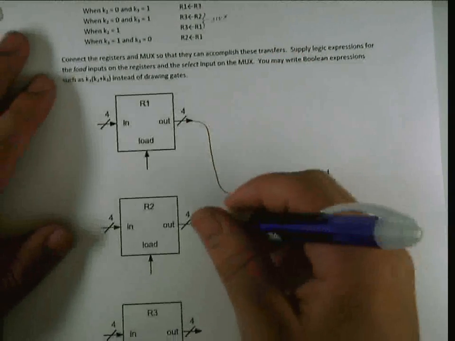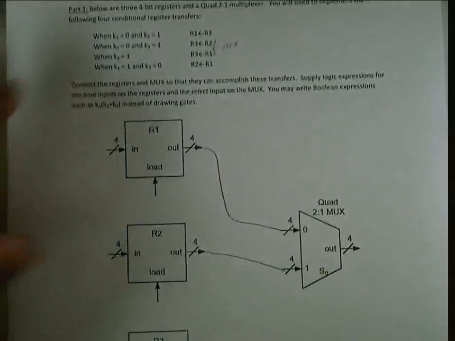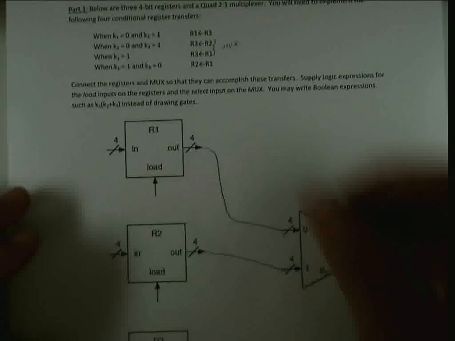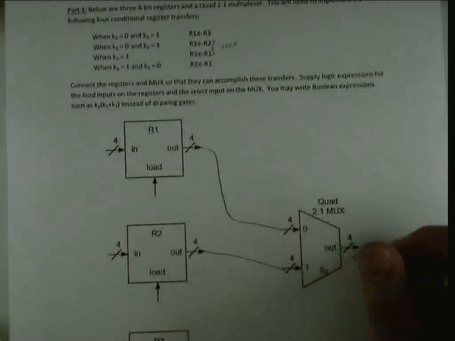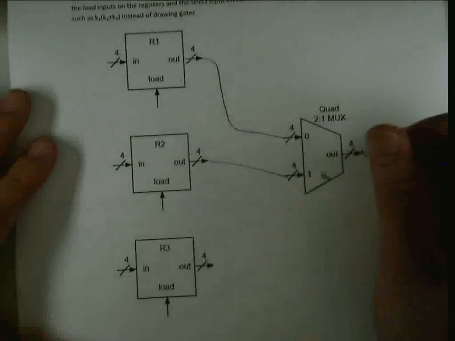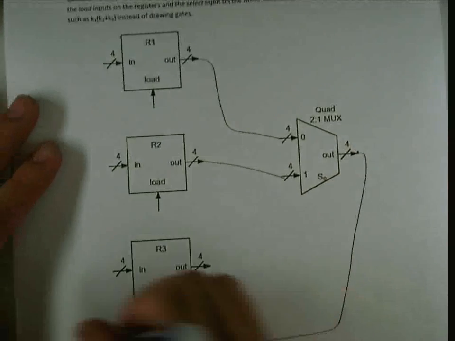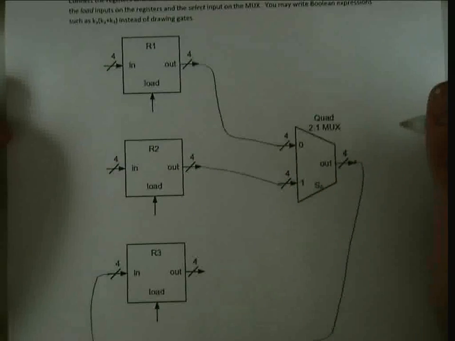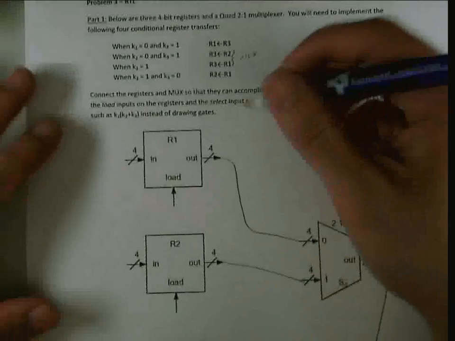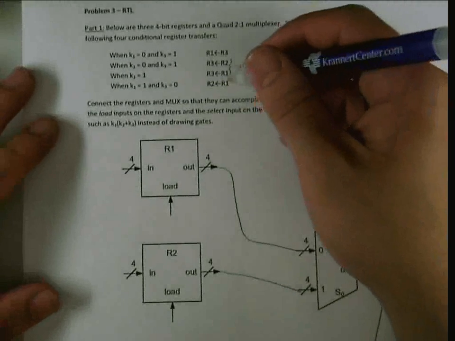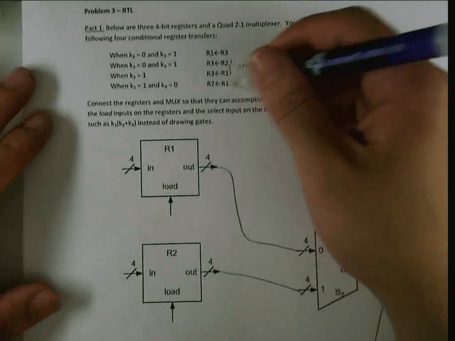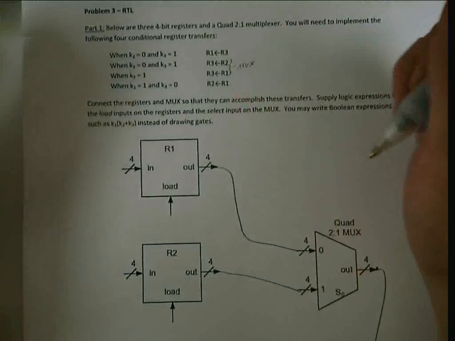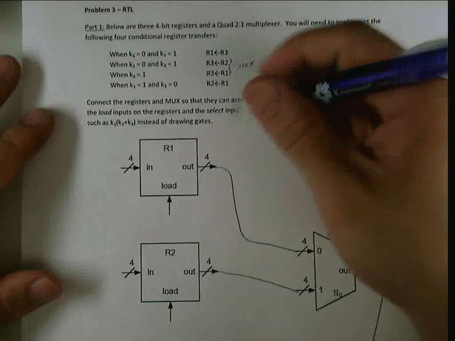So I'm going to connect R1 to there and R2 to there, and then this needs to go to at least R3. The next thing I need to figure out is how I want to do R1 into R2. I actually have 2 options here.